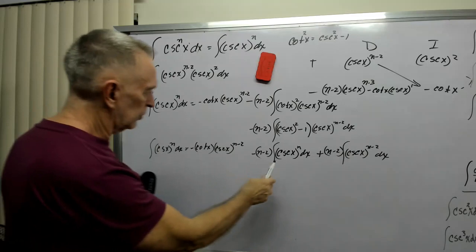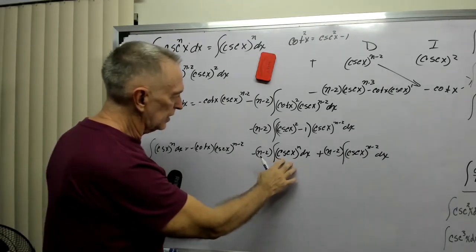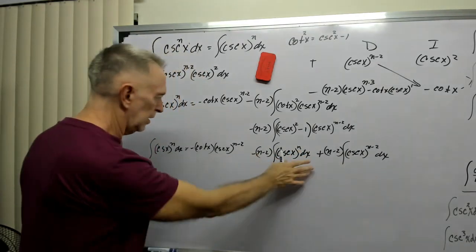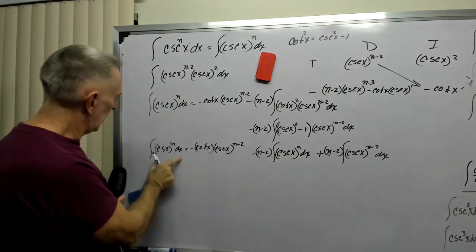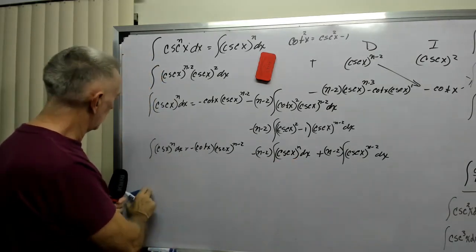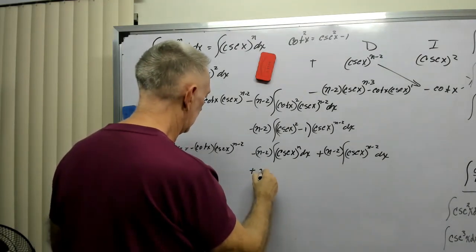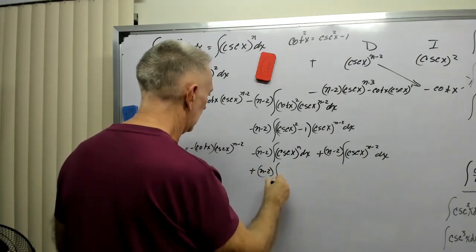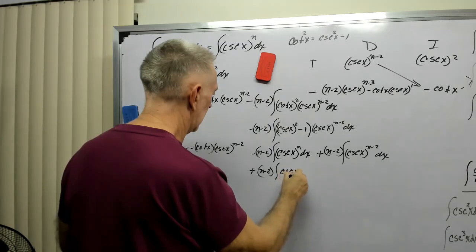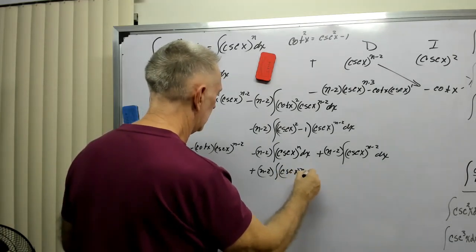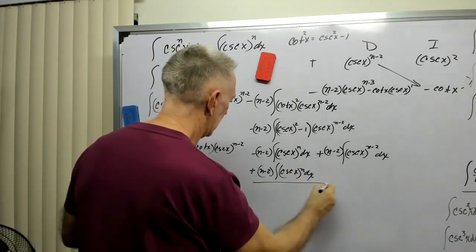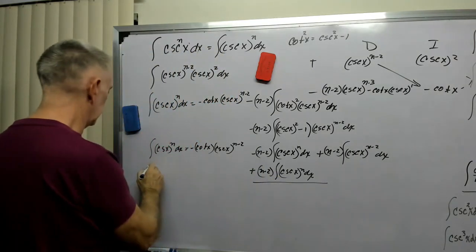Now you'll notice we have the integral of cosecant x to the n here, and we have the same thing here. So I can add n minus 2 integral of cosecant x to the n dx. I can add that one and add it here also.